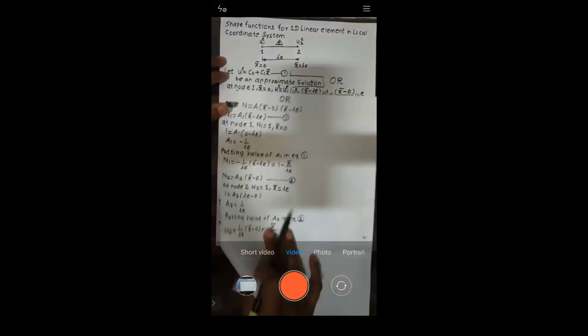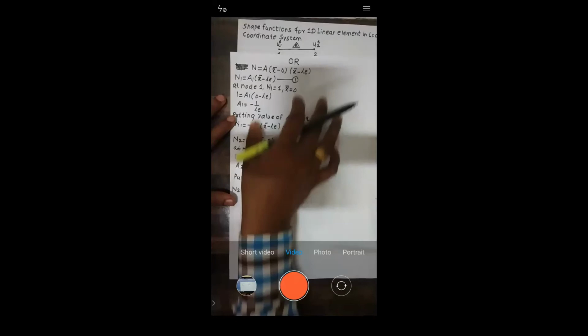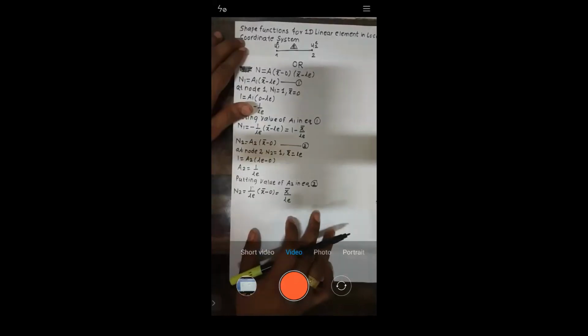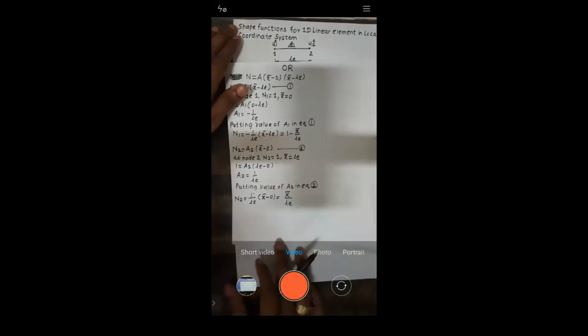Afterwards, we will use only this method because it is the most simple method. We will use this method for further calculation of shape functions. So now let's move on.